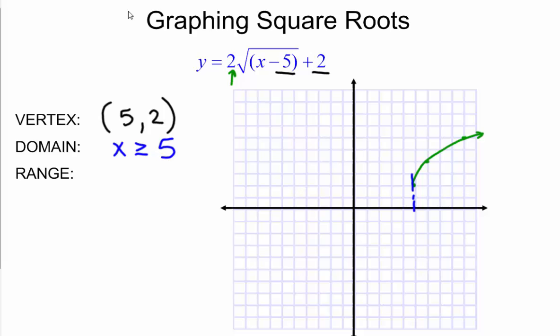And my range goes from where y is 2, and again, if I continue it, it will eventually cover all y values. This time it climbs a little quicker because of that vertical stretch. But either way, it will end up covering all those numbers greater than 2.